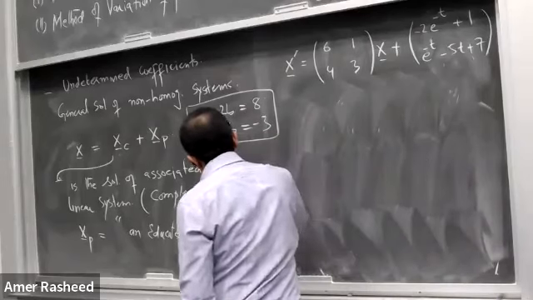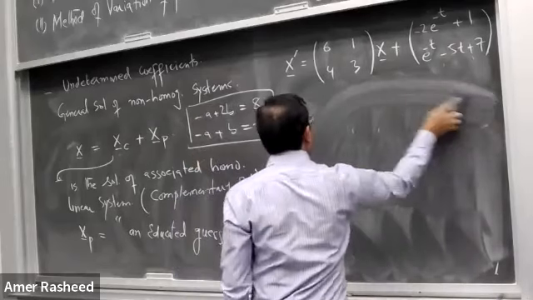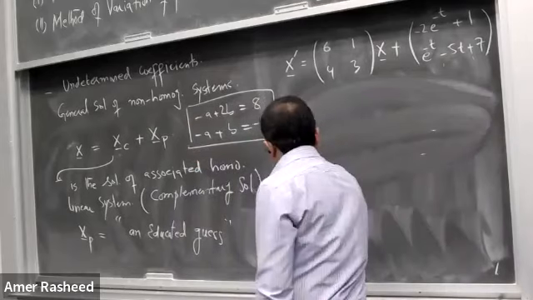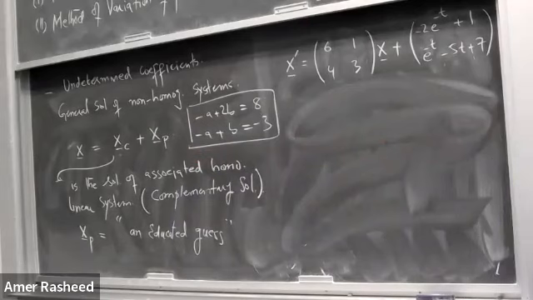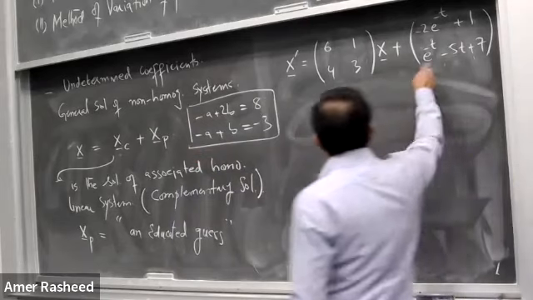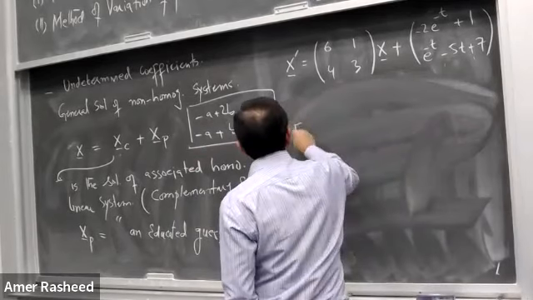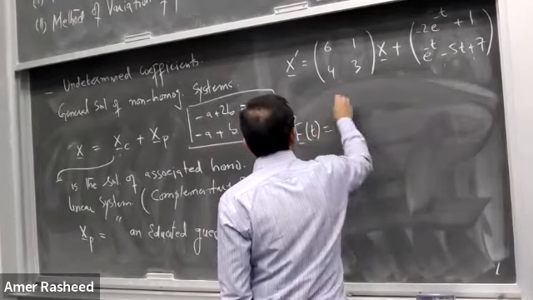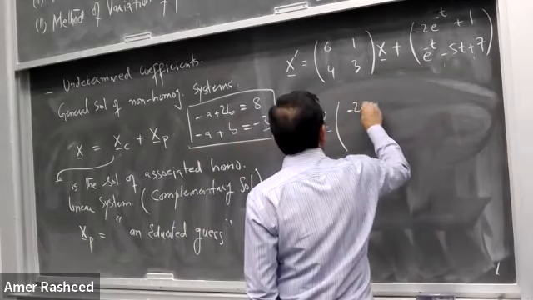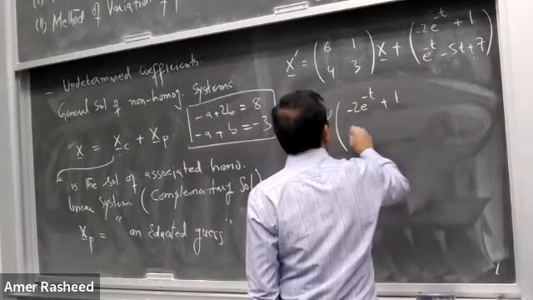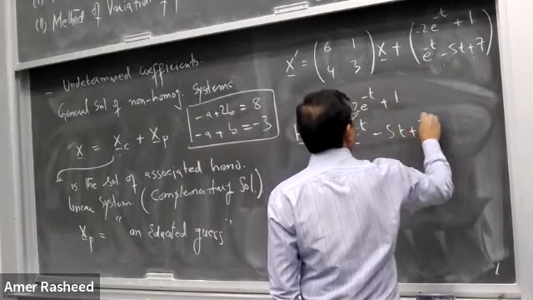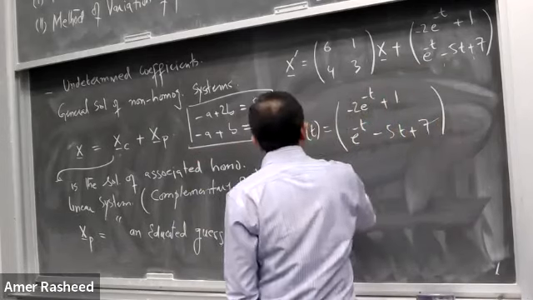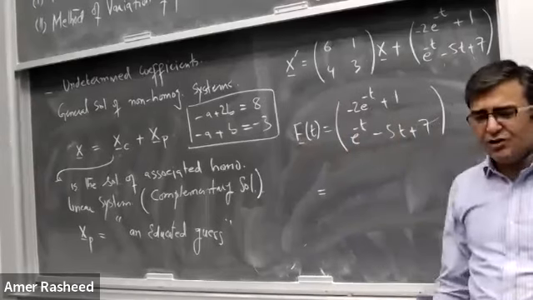As I already told you, we assume the particular solution by looking at the form of the right-hand side function. Now, this is, in fact, the right-hand side vector f of t, and it is negative 2 e raised to the power negative t plus 1, e raised to the power negative t, minus 5t plus 7. We can split this function into two functions.